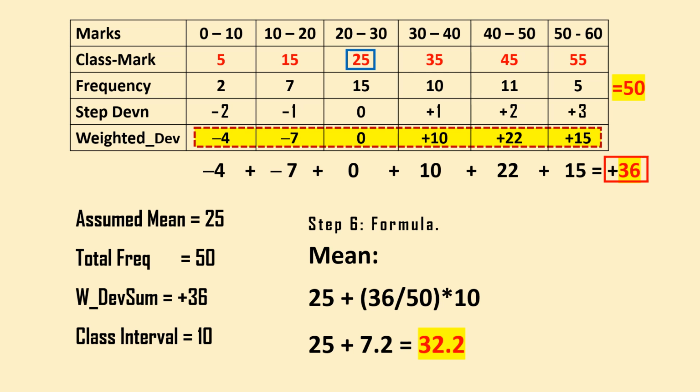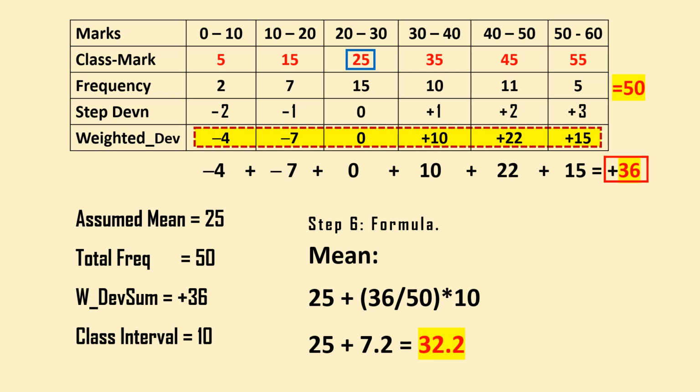Now mean. What is the mean? First write the assumed mean, that is 25. Plus or minus. In case the sum of the weighted deviation sum comes to negative, then it will be minus, otherwise it will be plus. So we got plus 36, the sum of weighted deviation sum, divided by 50, which is the total frequency, multiplied by the class interval.